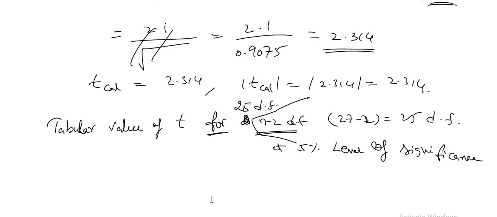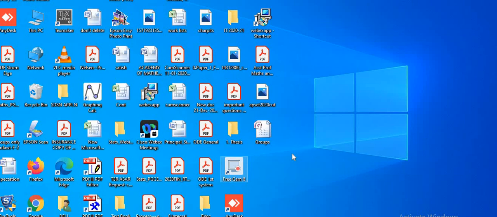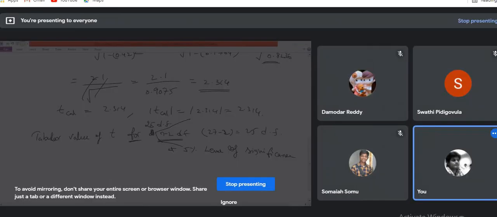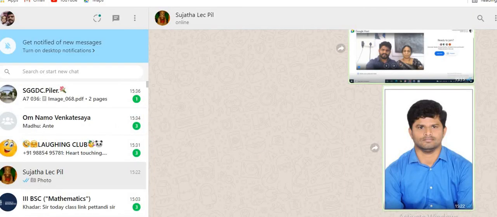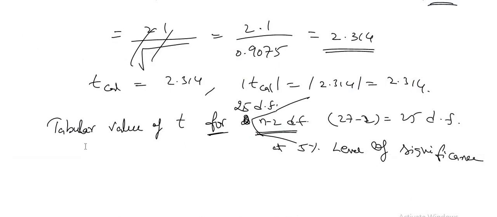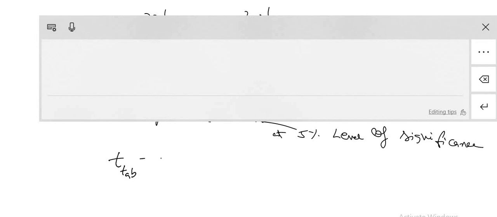Student: 2.060, sir. Very good. So the t table value is 2.06.